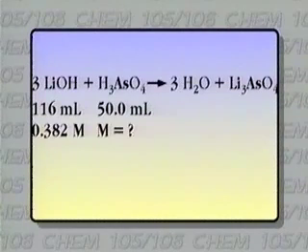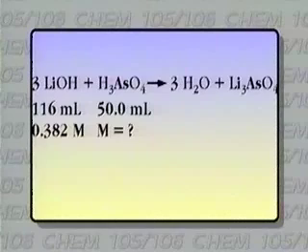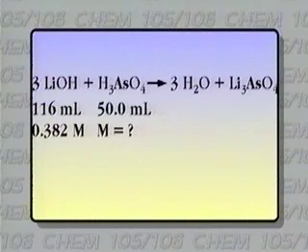And we put some indicator into it, like phenolphthalein, and it's colorless. We begin adding lithium hydroxide, that's the base. And we find that when the color finally occurred, when we know that the reaction is done, we have used up 116 milliliters of the lithium hydroxide.